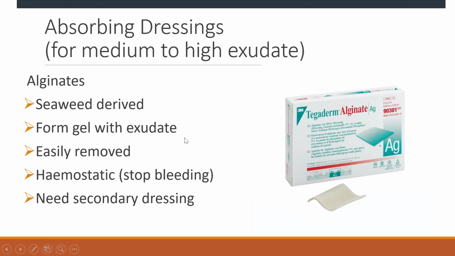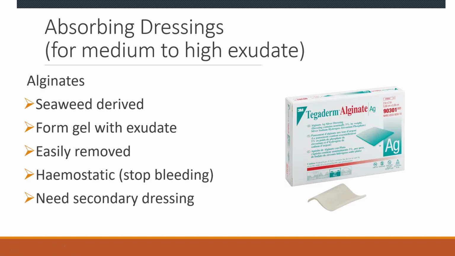And when this alginate mixes with any water or discharge exudate, it will form a gel. And because it's a gel, it's very easy to remove. And also alginate can help to stop bleeding. But with this type of dressing, you need to put a secondary dressing on top.